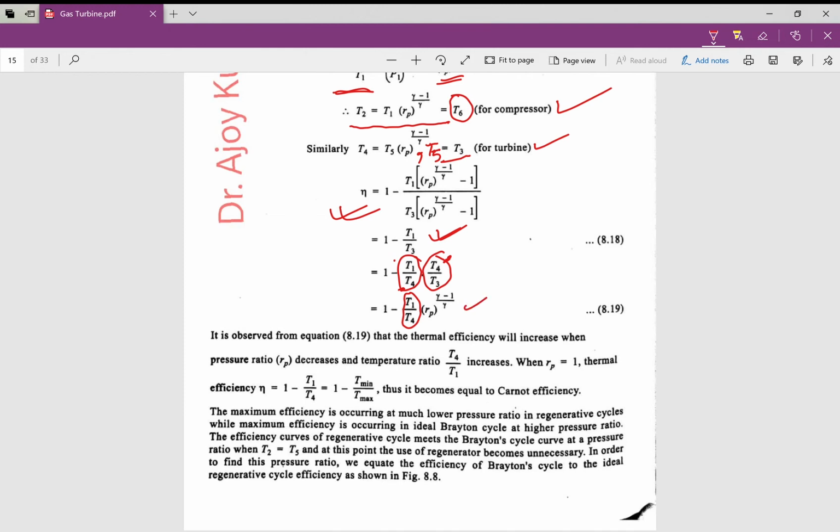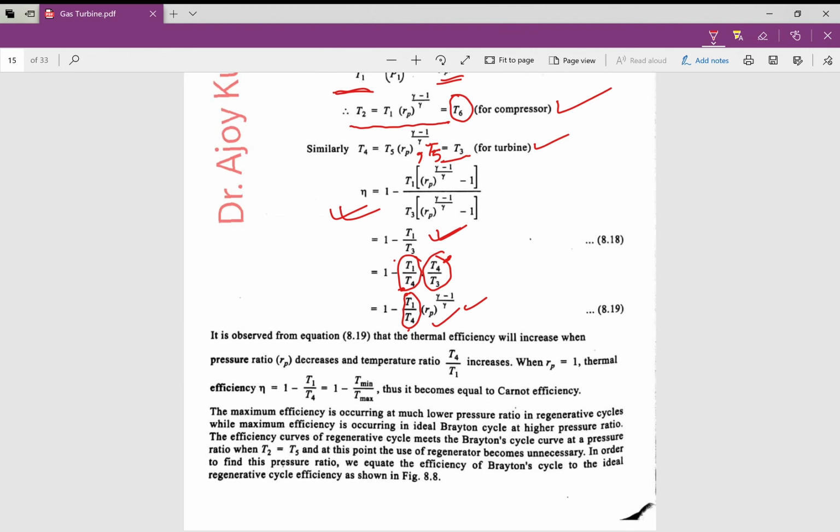So we are interested to write the efficiency of a regenerative gas cycle in terms of pressure ratio RP and minimum and maximum temperature, because T1 is the minimum temperature and T4 is the maximum temperature.